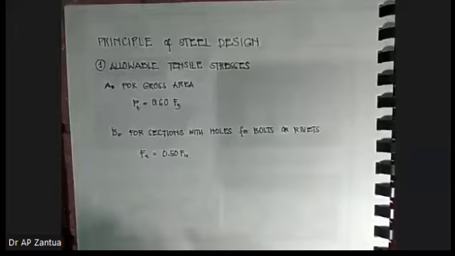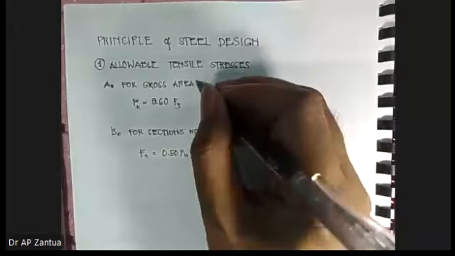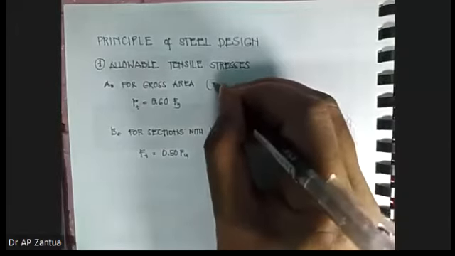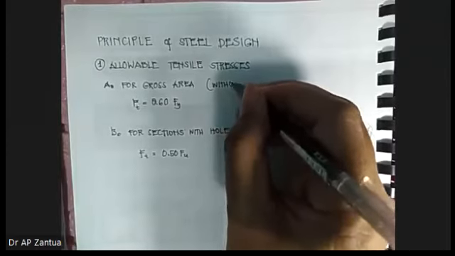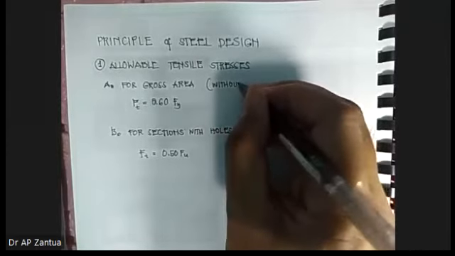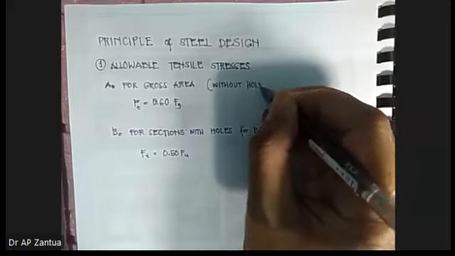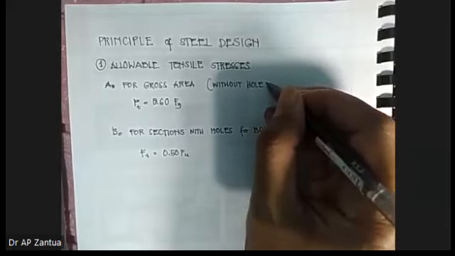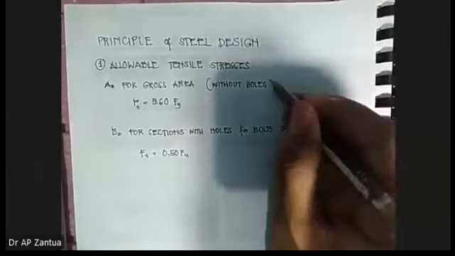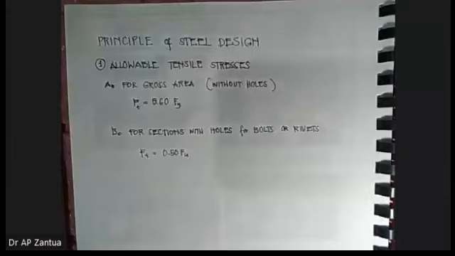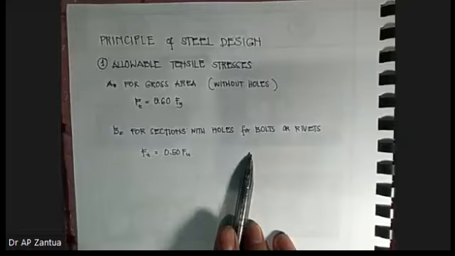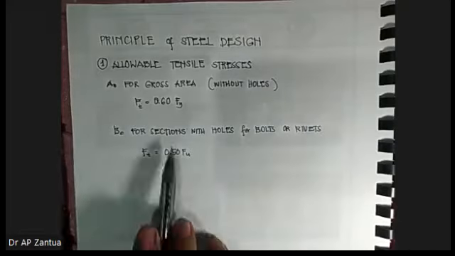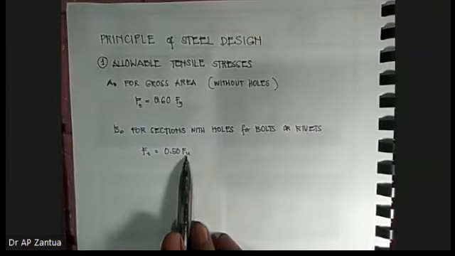Meaning to say, this gross area is for those without holes, and these are those with holes for bolts or rivets. So 0.5, this is 0.6. Take note, this is Fu.